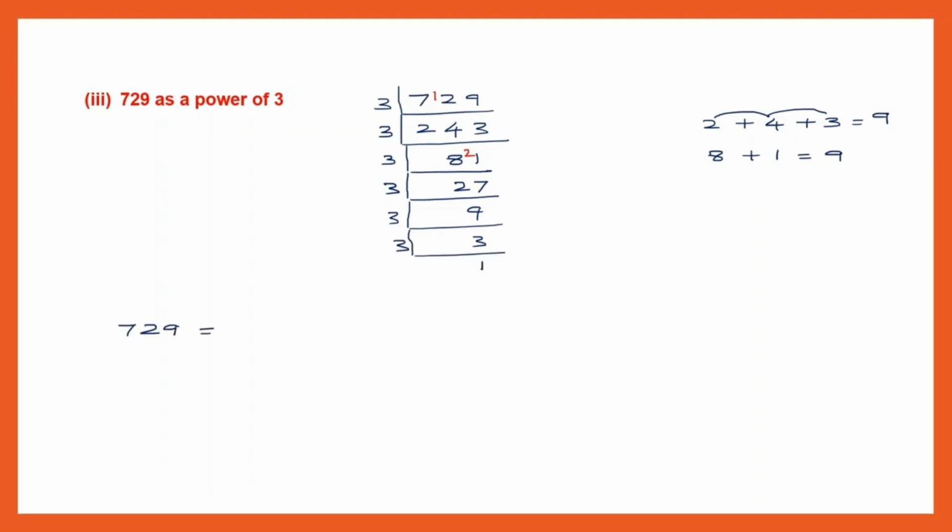Now if we count the 3's here, we have 1, 2, 3, 4, 5 and 6. So if we have to write it as a power of 3, then we write 3 raised to the power of 6. So 729 is equal to 3 raised to the power of 6.